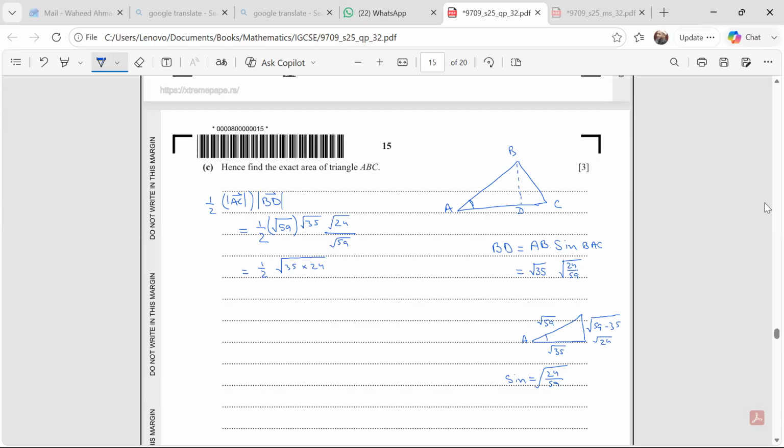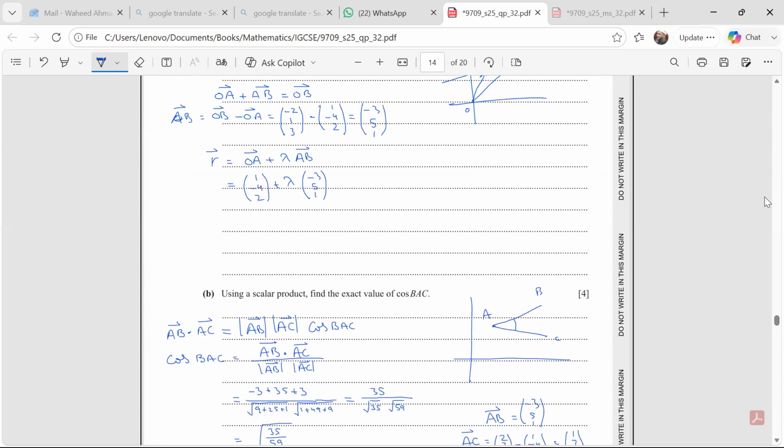From 24, if I take 6 into 4, 4 comes out as 2 and cancels, and I have 6 inside only, so 35 times 6, which is 210. So the area is half root 210. This is the area of the triangle ABC whose position vectors were given to us.